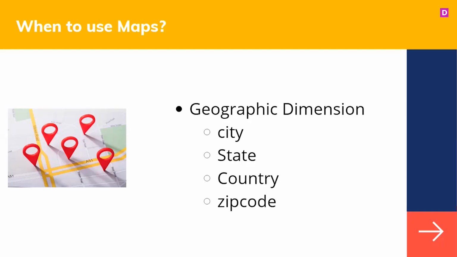Fine. Now you might have some questions relative to the geographic dimension. The first question is, suppose I have some data field in my data that is not assigned as a geographic dimension.